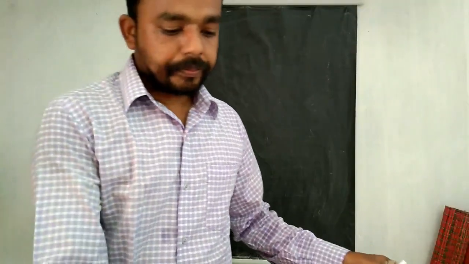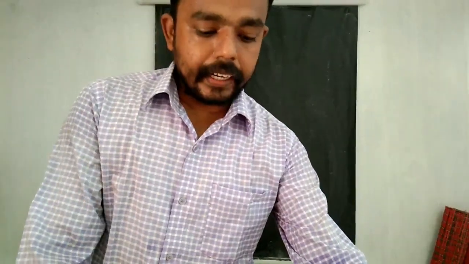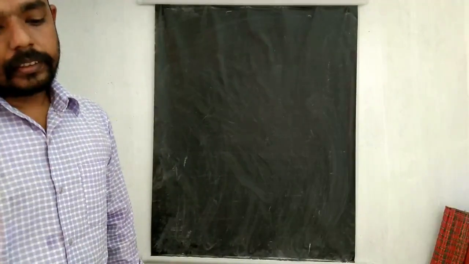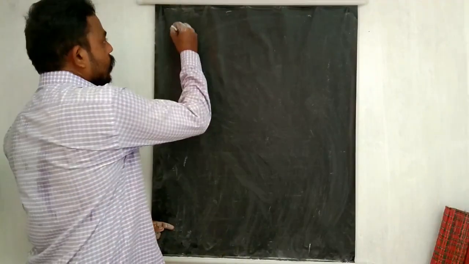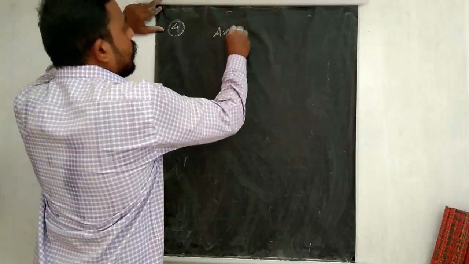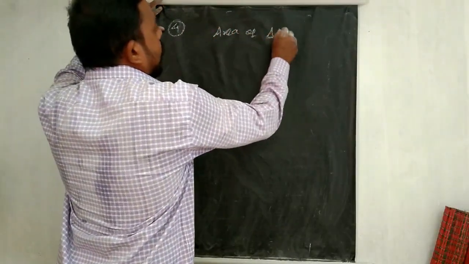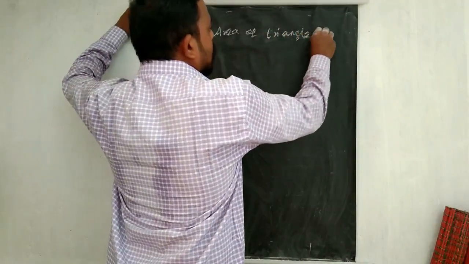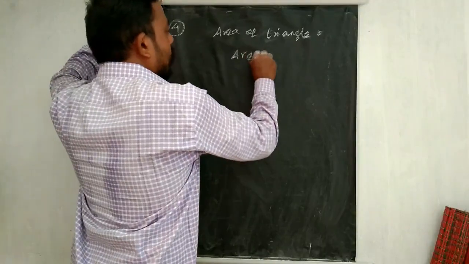Next problem. A triangle and a parallelogram have the same base and the same area. Area of triangle equal to area of the parallelogram.